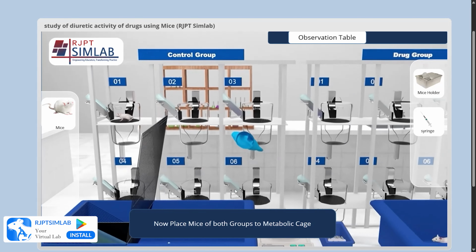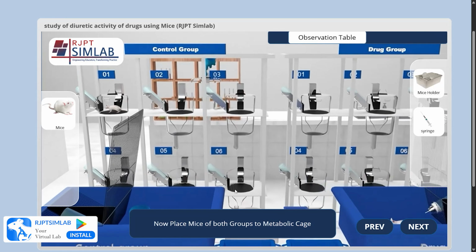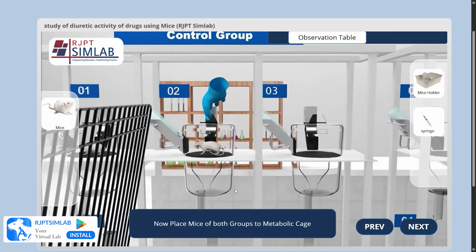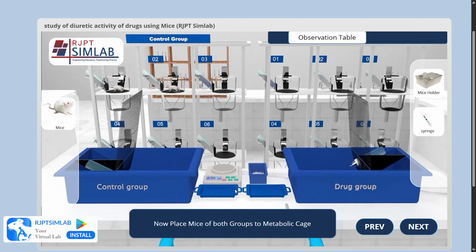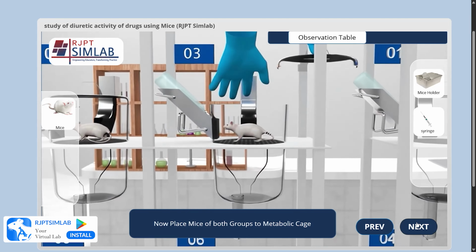The first mice, the marked one, into the first cage, and similarly the second mice to the second cage. As we can see here, we will place them very carefully so that it does not panic. And before performing the experiment, we have acclimatized the mice so that they do not panic or hinder the experiment. And just like that, we will place all the mice inside the cage.